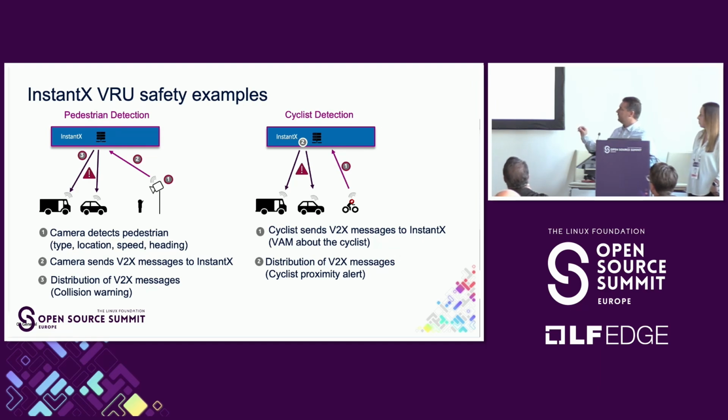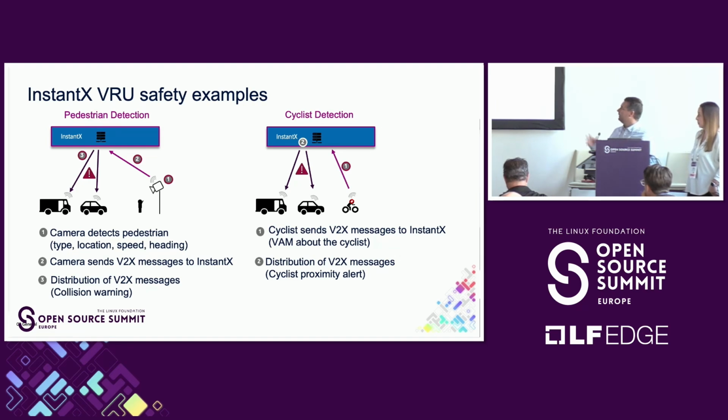So when the message is sent to InstantX, the platform distributes these V2X messages to all the people around, or the devices that are subscribed to this kind of messages. In the standard, there are different message types. So depending on the one that each one is interested in, it is received or not.